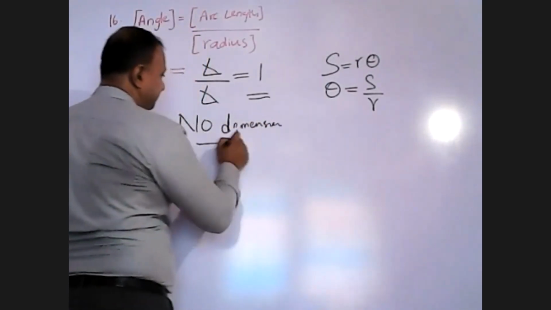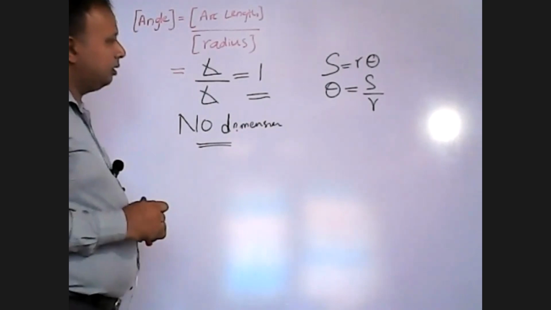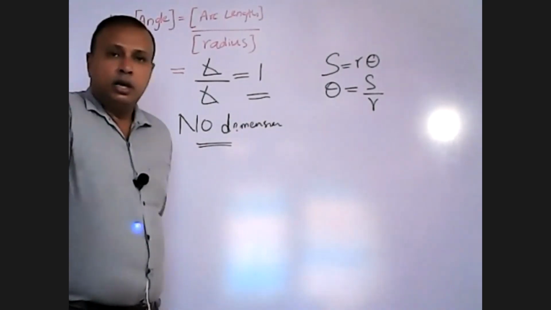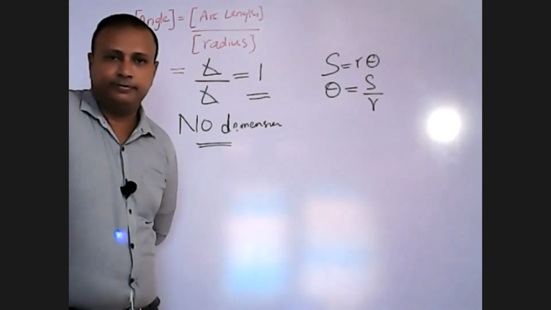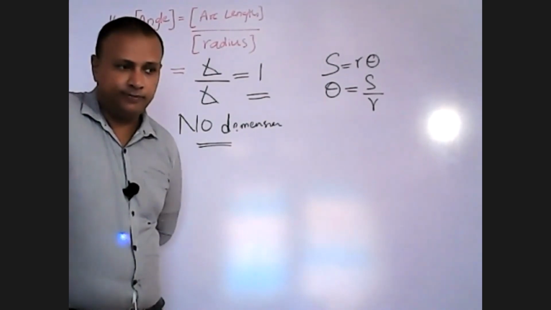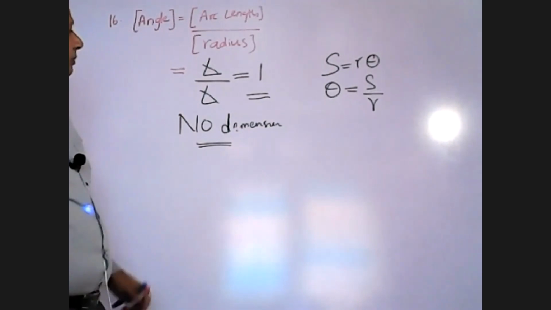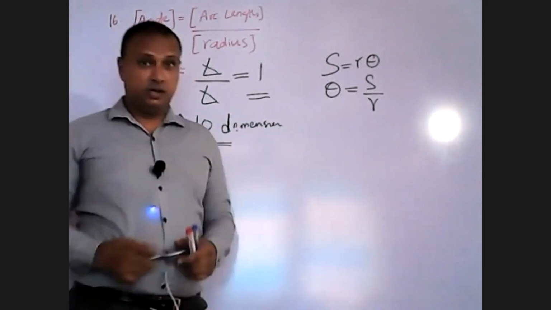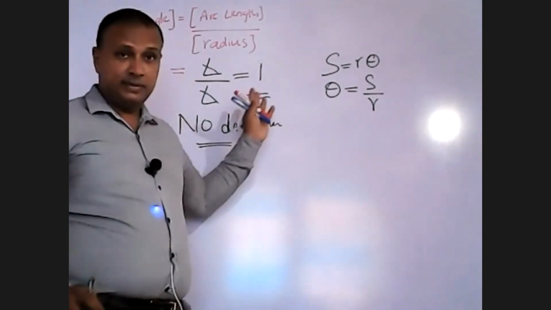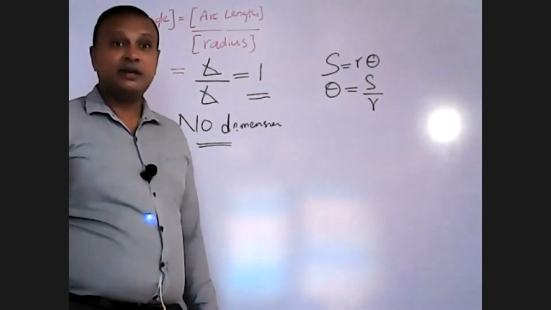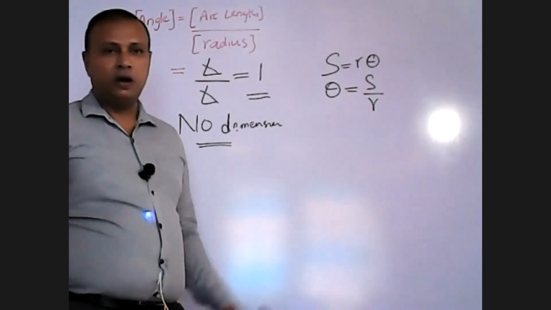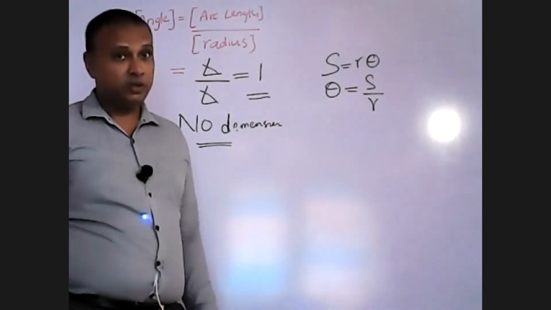So angle does not have a dimension. But actually it does have a unit. Although it doesn't have a dimension, it has a unit.